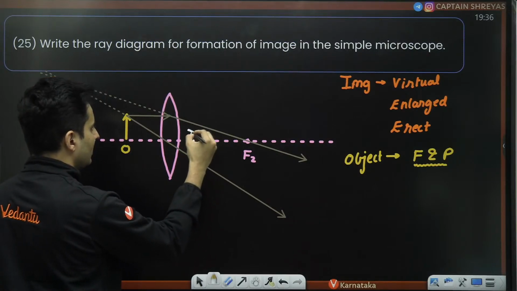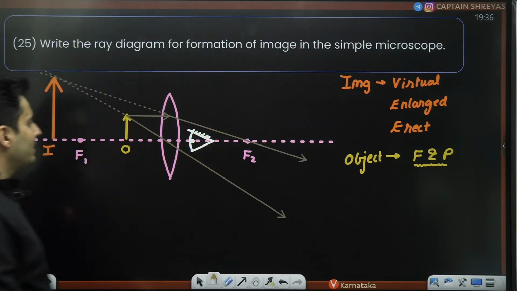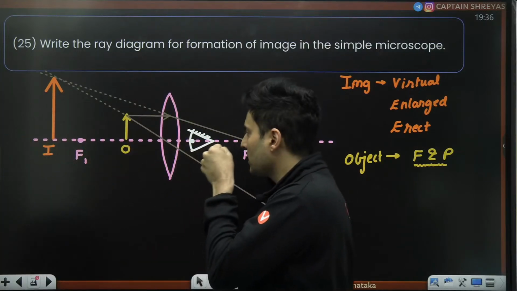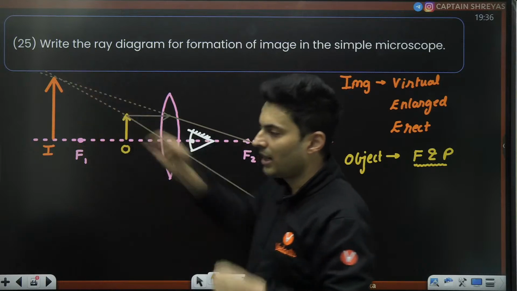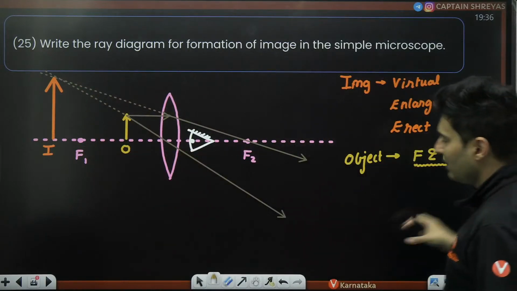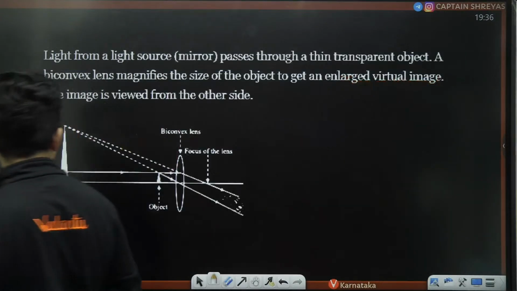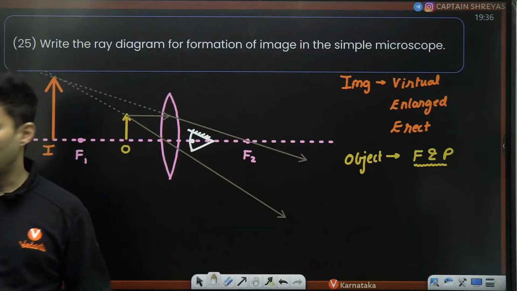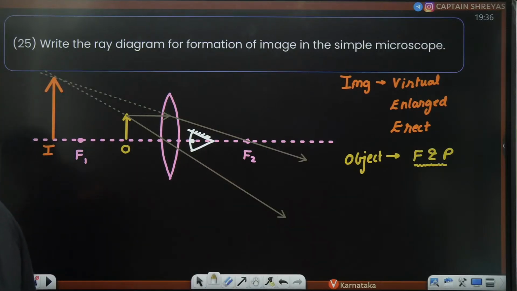So you are seeing through the convex lens like this. You're holding the glass like this and seeing this object. You are seeing a magnified image over here. Is that okay? Show this, mention this and this. You will get full marks. That is what has been done over here also. Is that okay, everyone? Clear?